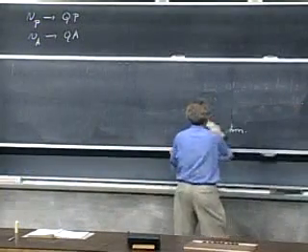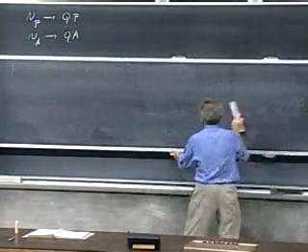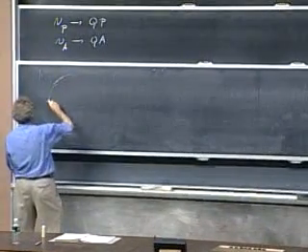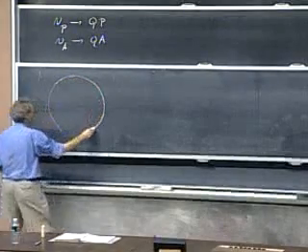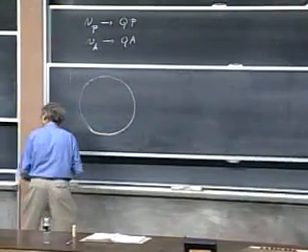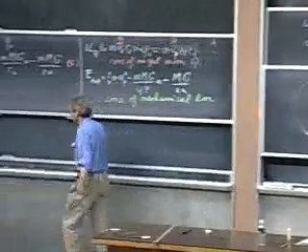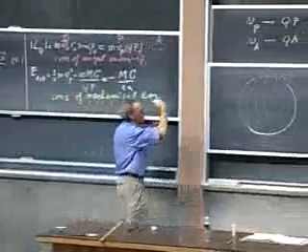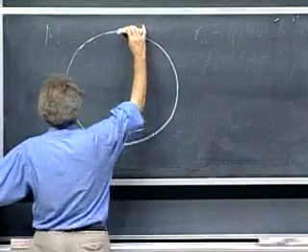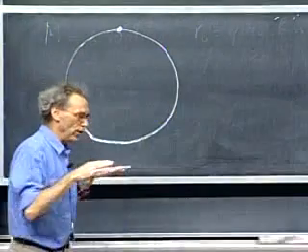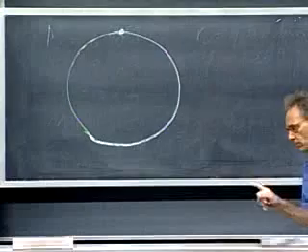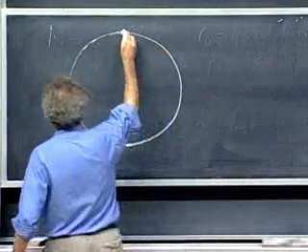I start off with a circular orbit, and I will fire the rocket in such a way that my velocity will either increase exactly tangentially to the orbit, so that it will increase in this direction, or that it will decrease in this direction. So if I'm going in orbit like this, I either fire my rocket like this, or I fire my rocket like this. That is difficult enough, what we do now.